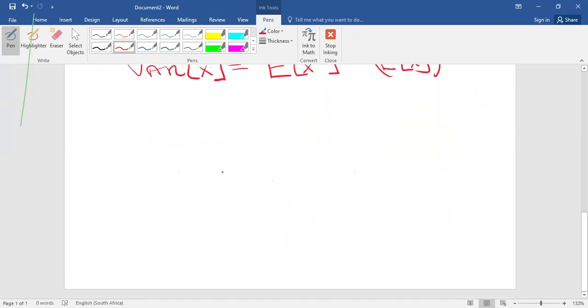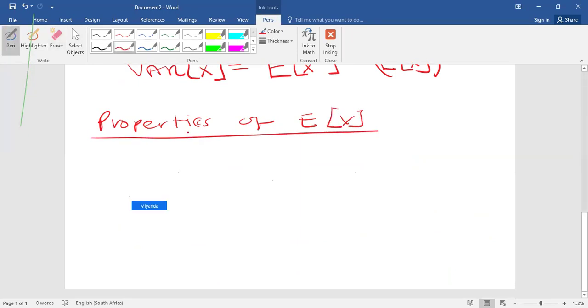We'll look at some properties of the expected value of a random variable. Let A and B be arbitrary constants.